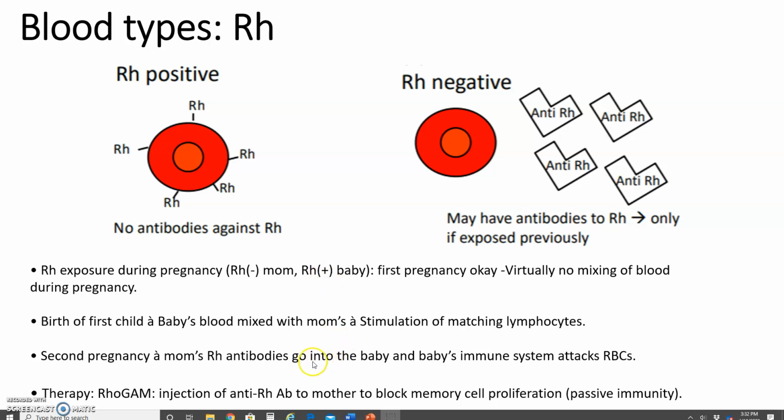And so then if there's another pregnancy, the mother's Rh antibodies will go into the baby's immune system, causing them to attack the baby's blood. To prevent this, there's something called RhoGAM, which is a type of passive immunity that prevents these problems from happening.